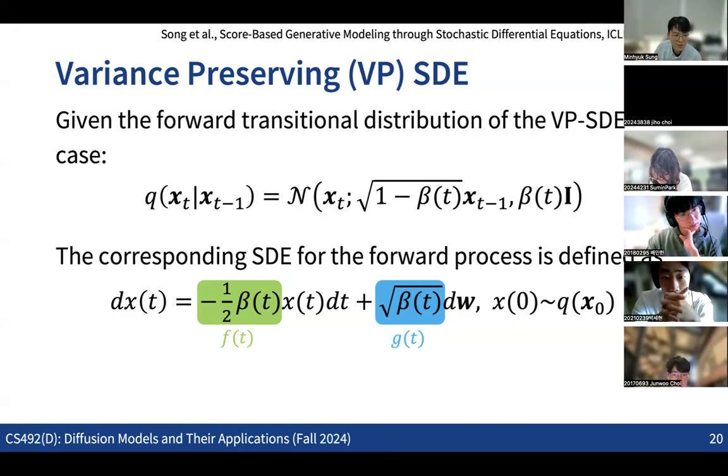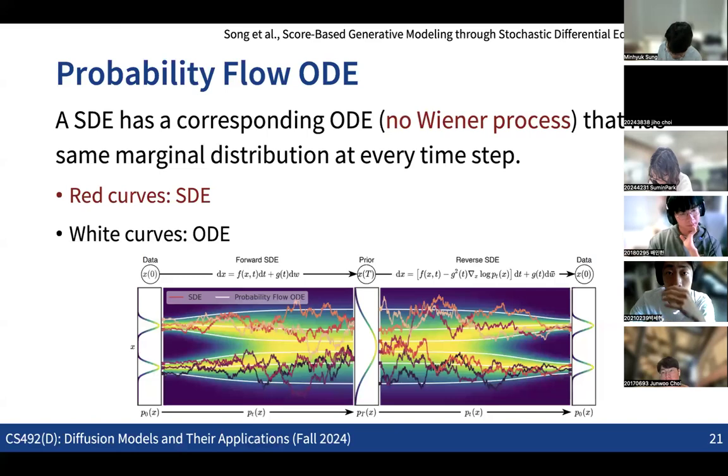But the really good news is that if we think about the SDE corresponding to diffusion models, there is already a corresponding ODE, not having the Wiener process, which has the same marginal distribution of the noisy data point x_t at every time step. In this figure, what we can see is the visualization of the trajectories that we computed using the SDE and also its corresponding ODE.